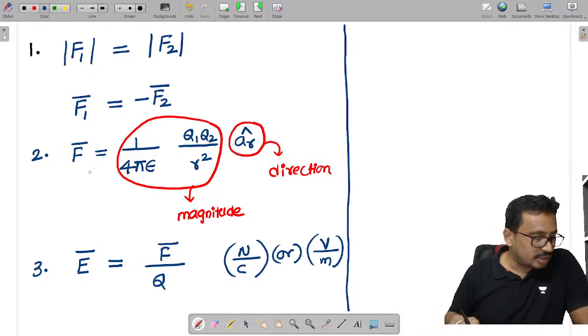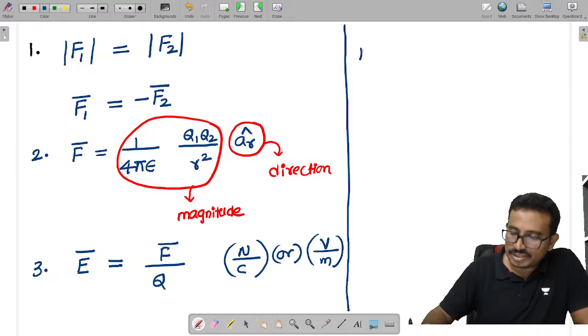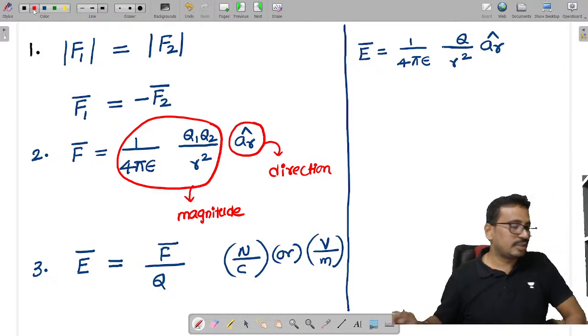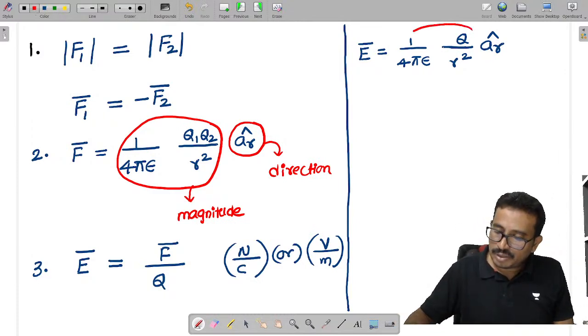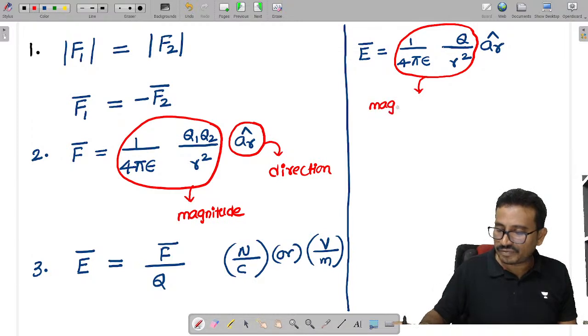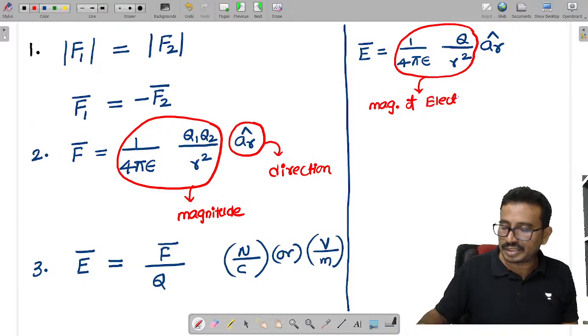Now from this, here this is the force. Can I get my electric field intensity here? Can you tell me, E is the electric field intensity, which is given as 1 by 4 pi epsilon into Q by R square into AR cap. Now you tell me what this term will give: the magnitude of electric field intensity.